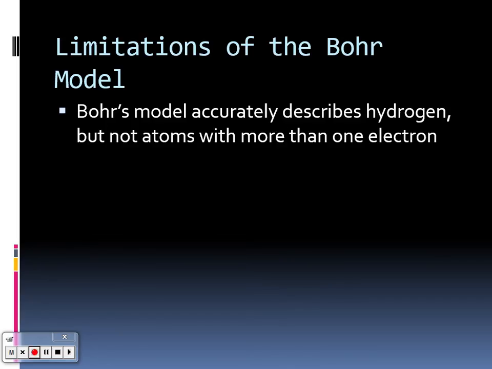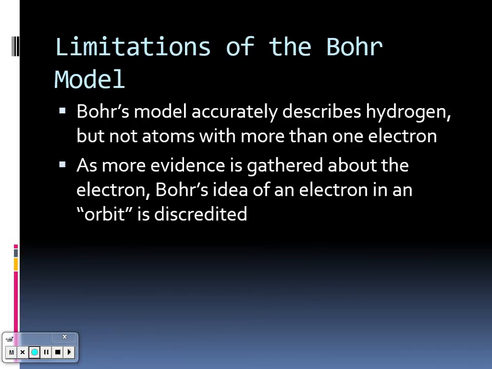It only has how many electrons? 1. And how many protons? 1. When we start throwing in more protons and more electrons, Bohr's model just doesn't quite do it. It's close to explaining what's going on, but it doesn't quite cut it.